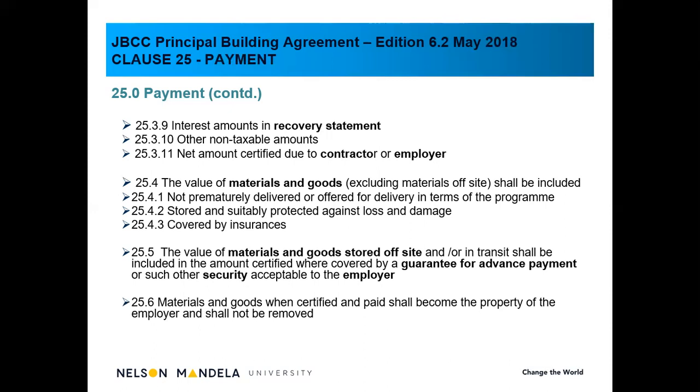Let's say it is carpets, for instance, in a store and not on site, and the next morning you read in the newspaper that the carpet factory has burned down, and you've paid the contractor already for the carpets, but there are no carpets to be shown. So you need to ensure that carpets that you've certified on an extended site or off-site are insured. And obviously the contractor must provide you with evidence.